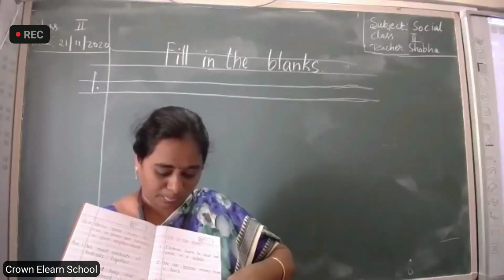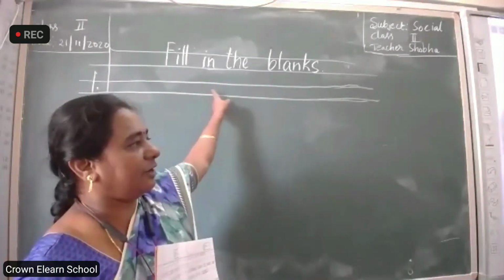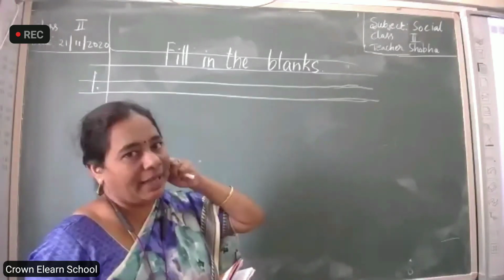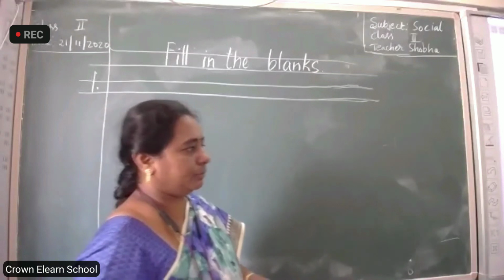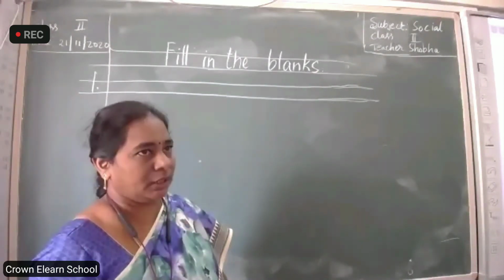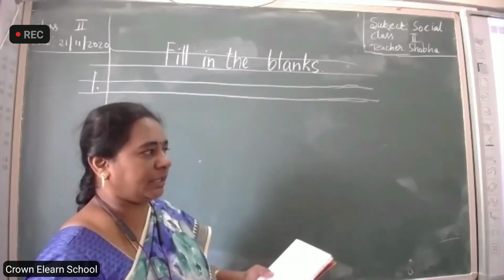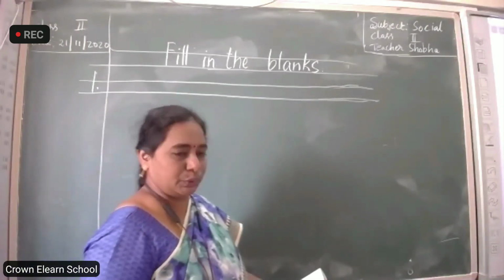Don't write on the margin line, but write in the next line the fill in the blanks heading, okay? After that, leave a line and start writing the first blank. We have already done these blanks in the textbook, but in the classwork also we are supposed to write them after the question and answers, okay? That's what I am making you write.